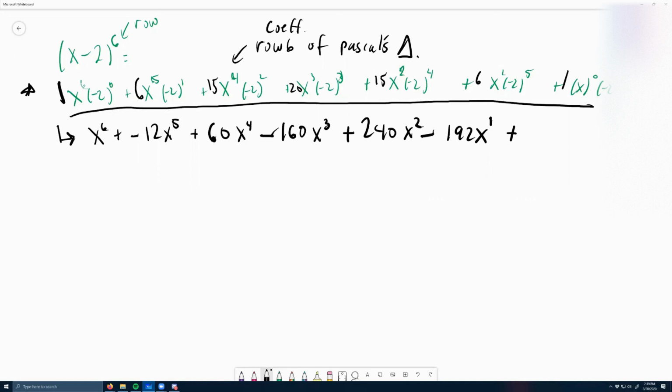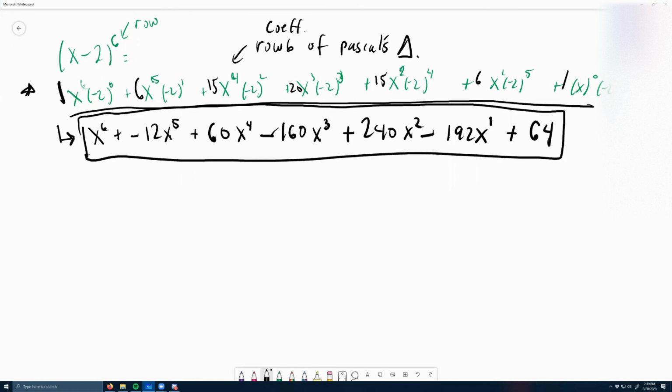I think that's 64. Is it? 2 to, it's 4 times 4 to, yeah, it's 64. Okay. X to the 0 is just 1. This would be the awesome blossom answer.